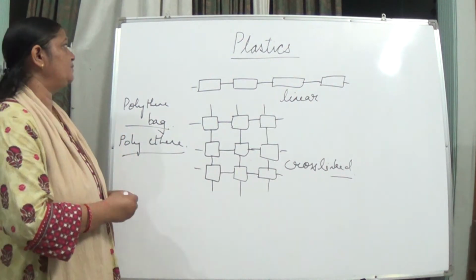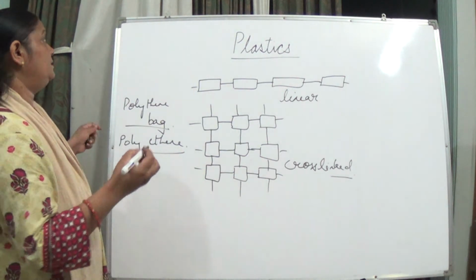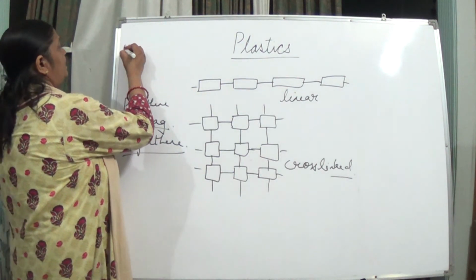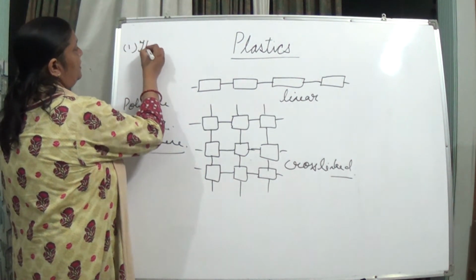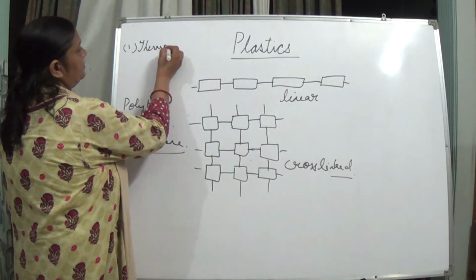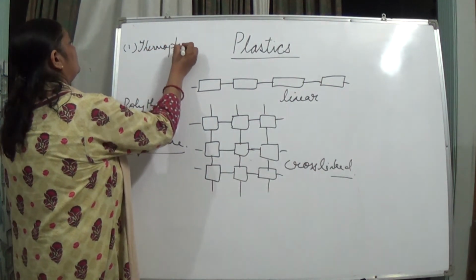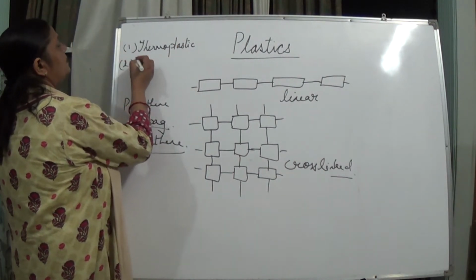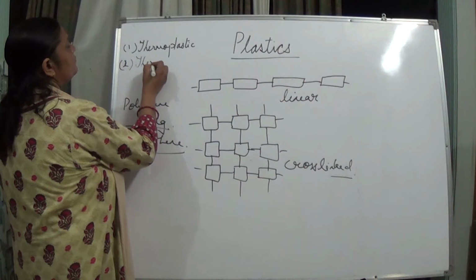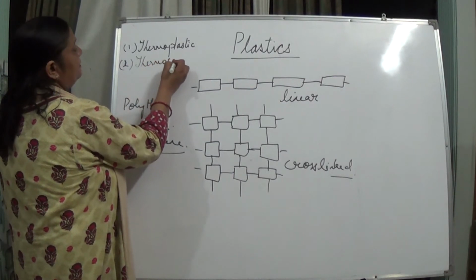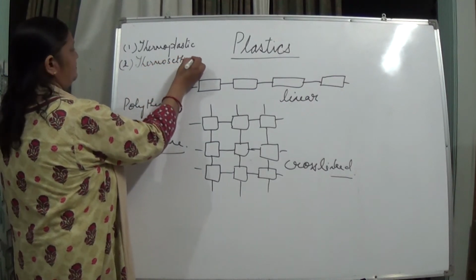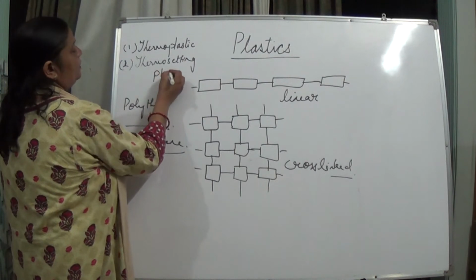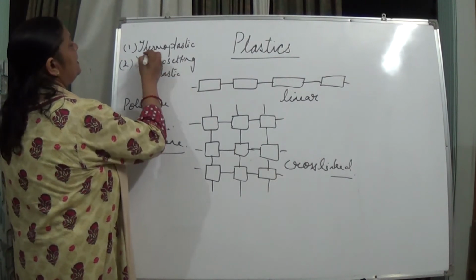Actually, plastics are of two types. First is the thermoplastic and second is the thermosetting plastic. So what is a thermoplastic?